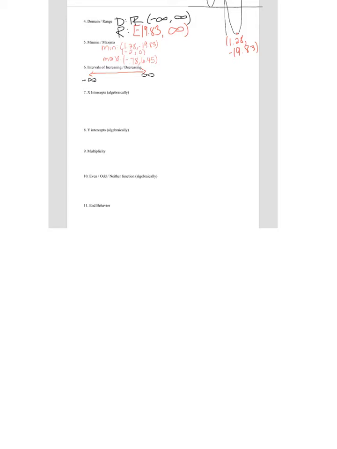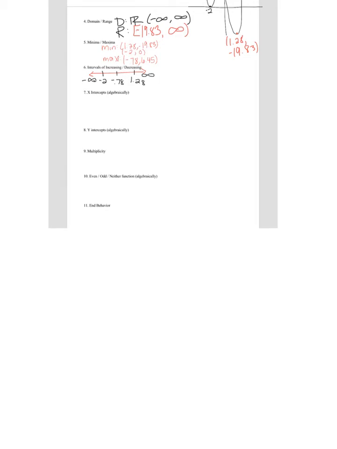And then I'm going to go in order. My first thing is a min, and it's negative 2. Then next I have a max at negative 0.78. And then I have that other min at 1.28. So I'm going to put them in order: negative 2, negative 0.78, and then positive 1.28.